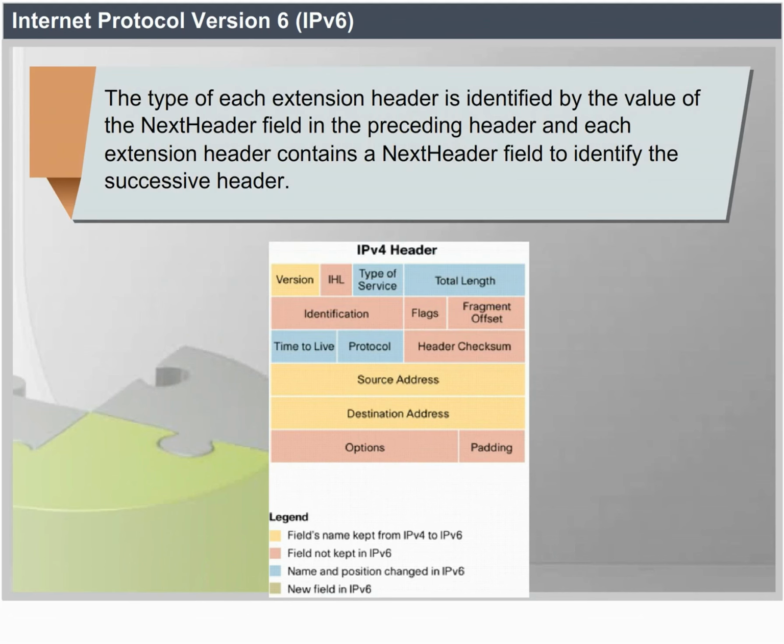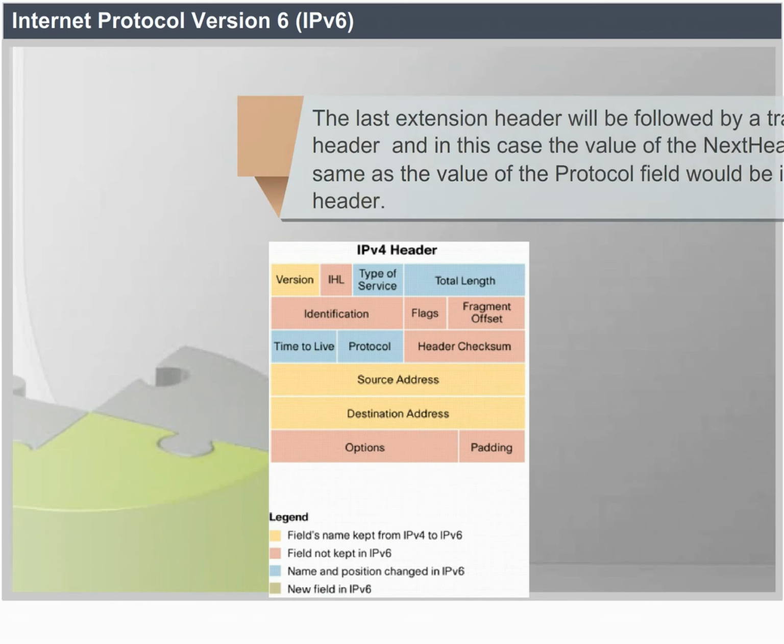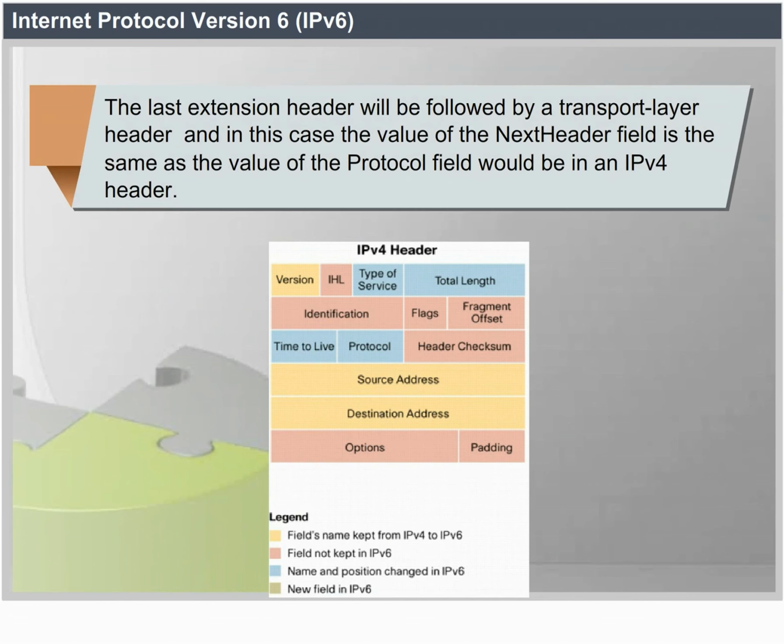The type of each extension header is identified by the value of the next header field in the header that precedes it, and each extension header contains a next header field to identify the header following it. The last extension header will be followed by a transport layer header, and in this case, the value of the next header field is the same as the value of the protocol field that would be in an IPv4 header.